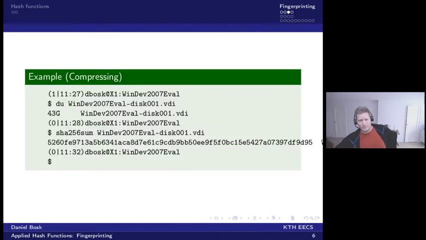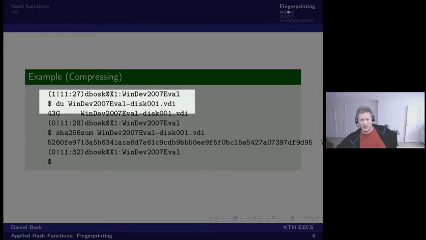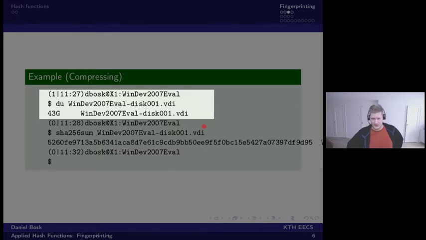So, for example, if we use SHA-256, for instance, and we have some large input. For instance, this is the VirtualBox disk image for some Windows development evaluation, and that one is 43 gigabytes in size. Then we would like to have something shorter as a fingerprint.